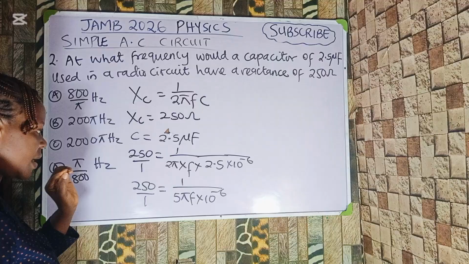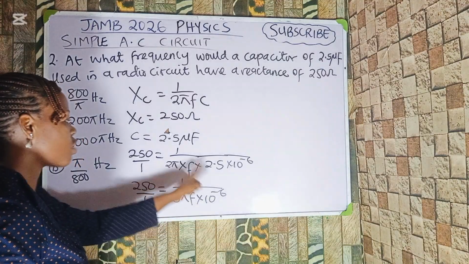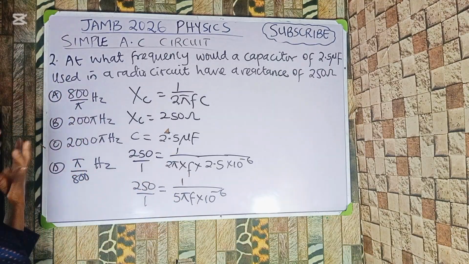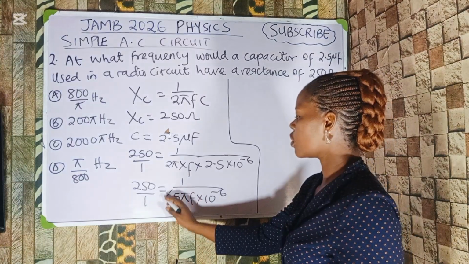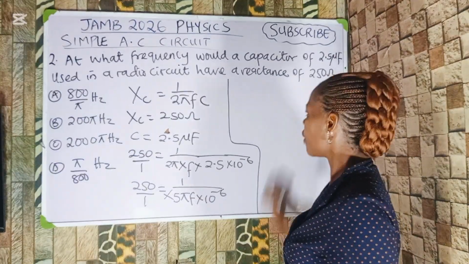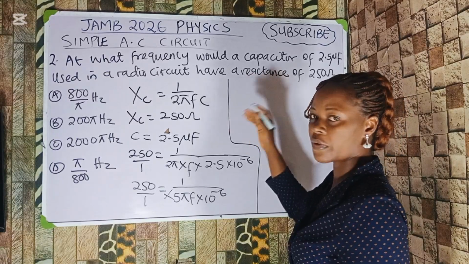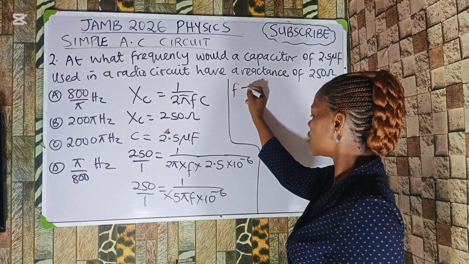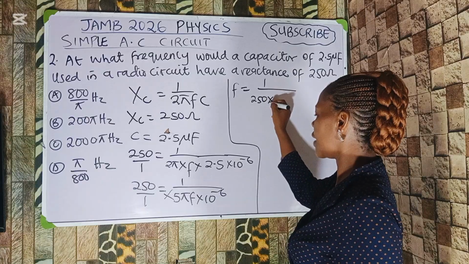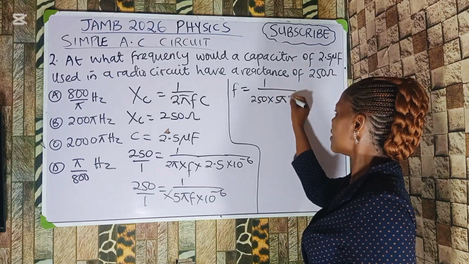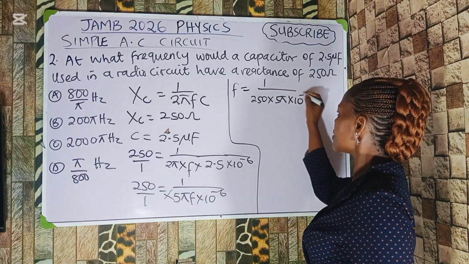Pi will remain as pi. This 10 power minus 6 is going to come up to be what? 10 raised to the power of 6, right? So we're going to cross multiply, right? We are going to make F the subject of the formula. So we have F equals 1 over 250 times 5 pi times 10 power minus 6, right?